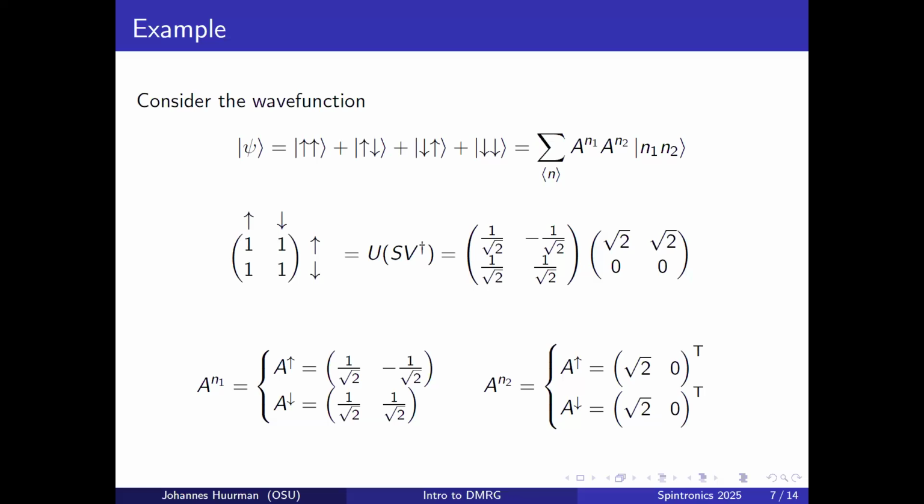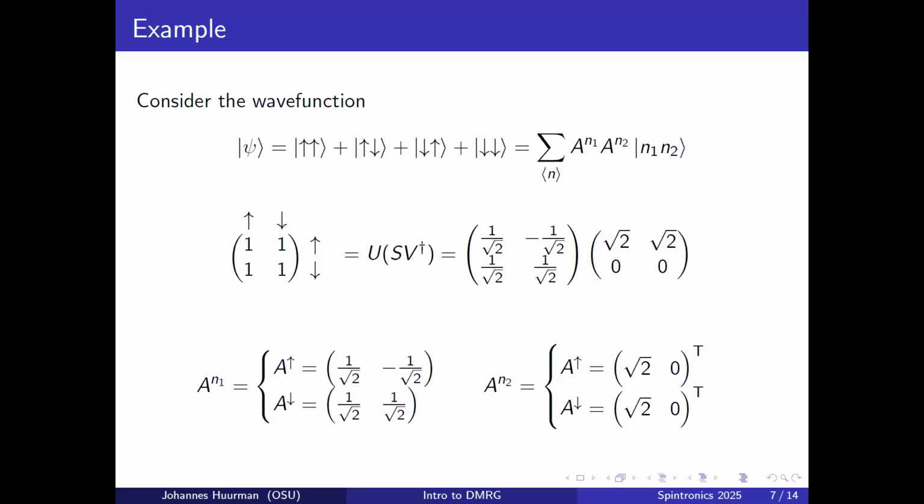So this A^{n1}, this first tensor, has the up component as this row vector 1 over root 2, minus 1 over root 2. So that's this row of the U matrix. And then the down component is just the second row of this U matrix. And it's always the case with matrix product states that the last matrix in the product is the columns of this matrix in the SVD, the singular value decomposition.